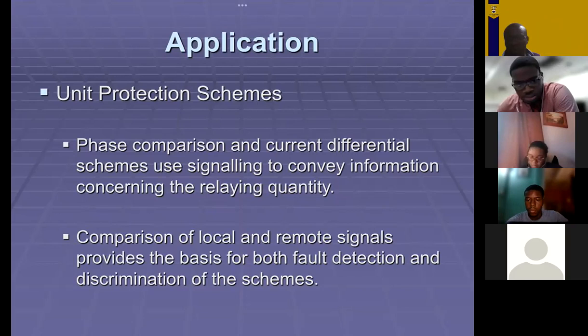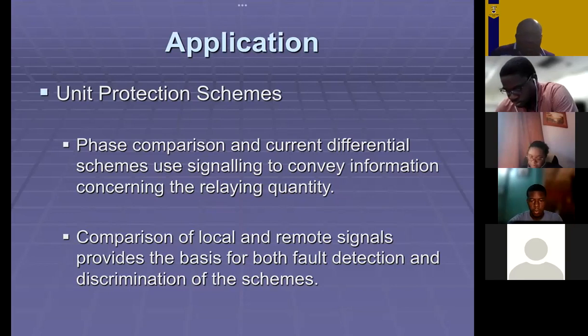In terms of comparing the local and remote signals, we then have the basis on which we not only detect the fault, but also discriminate. Right?